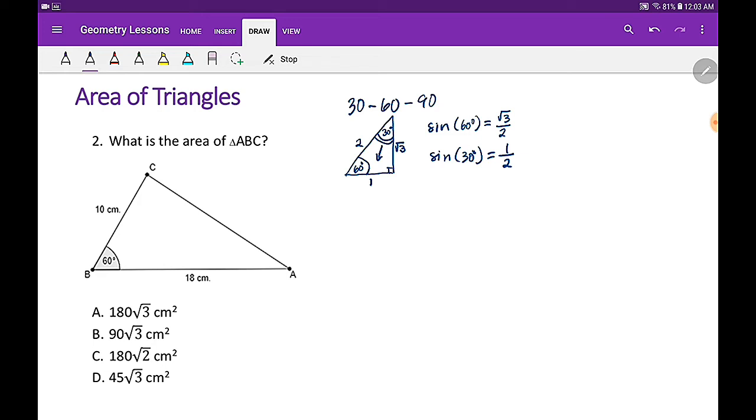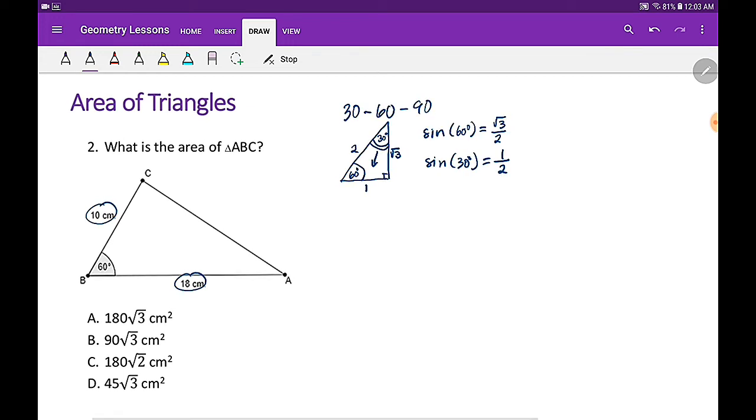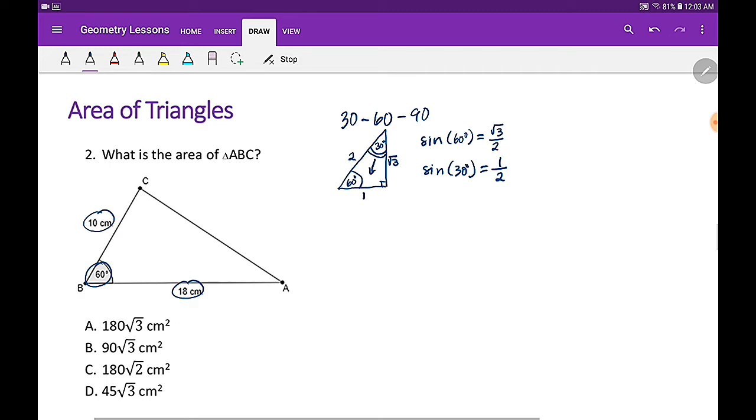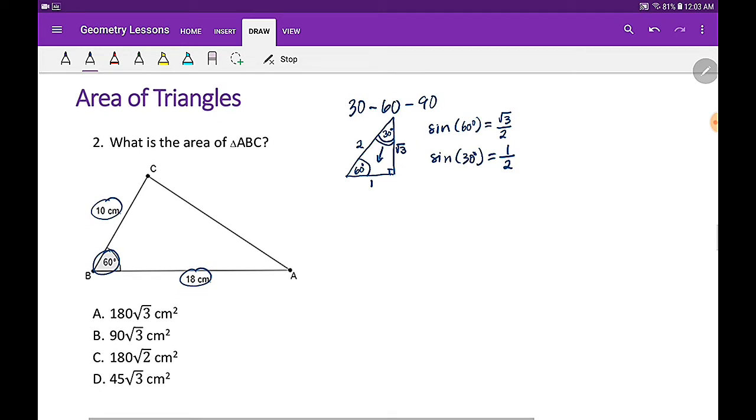What is the area of triangle ABC? We're given two sides, 10 and 18, and the angle in between them. So we can use the area formula using the sine ratio.